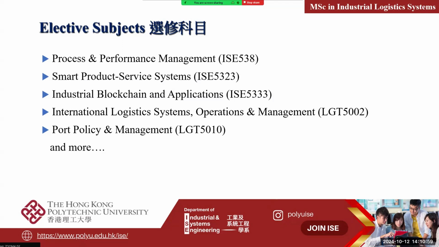All these elective subjects provide our students an alternative way to explore different areas of study. Even if someday you would like to go on to a PhD and do some research, you can also learn more from these subjects.